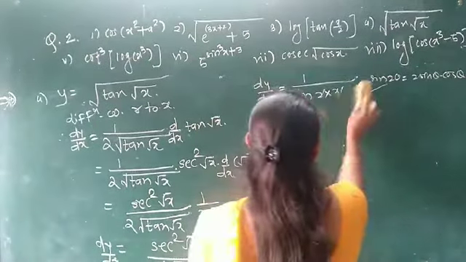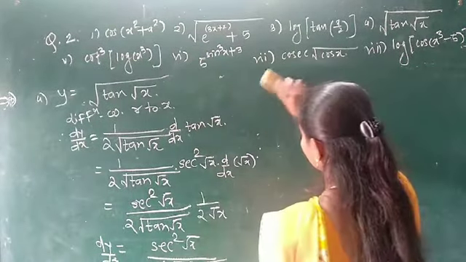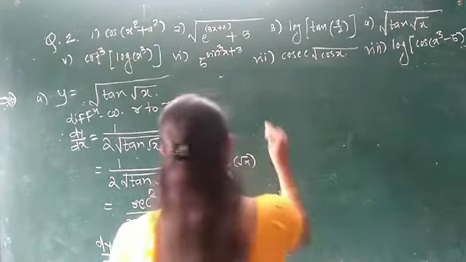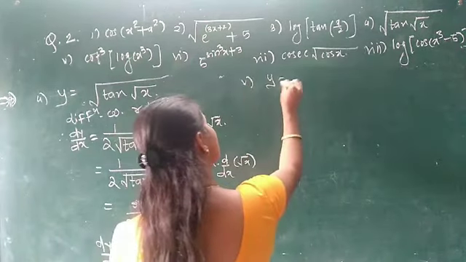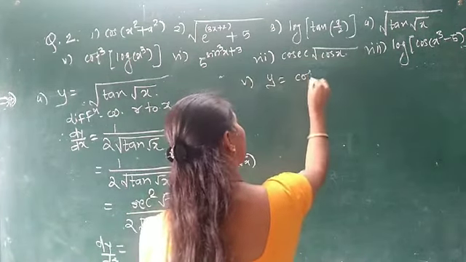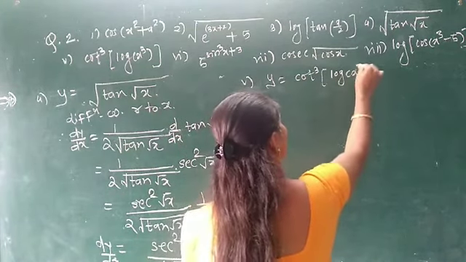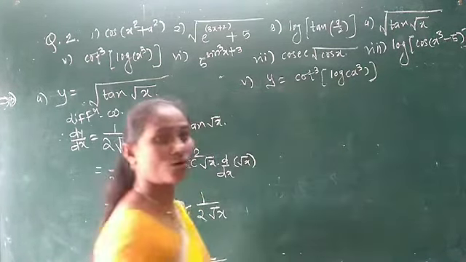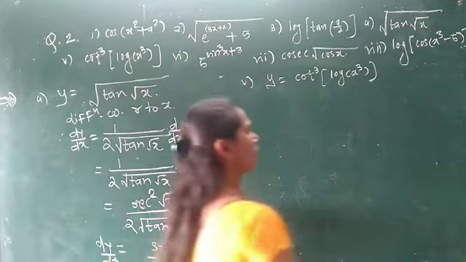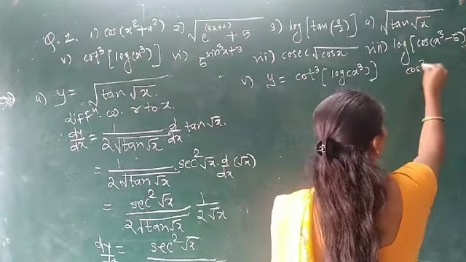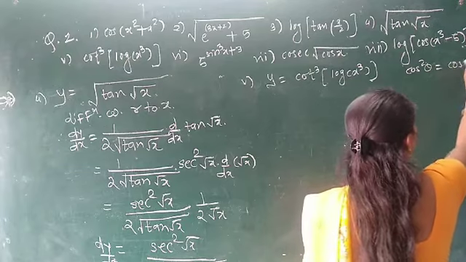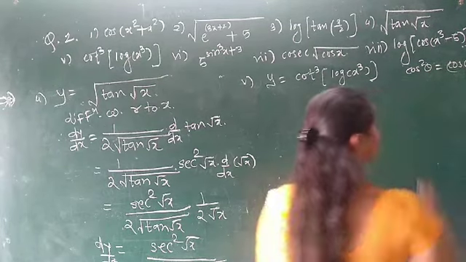Now the fifth example. Example number 5. y is equal to cot cube of log of x cube. We know that cos square theta, we write this as cos theta square.